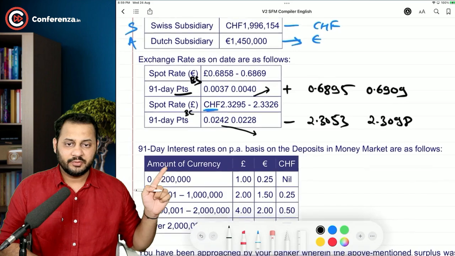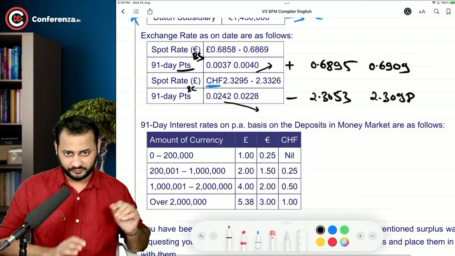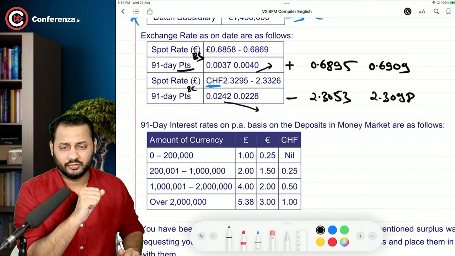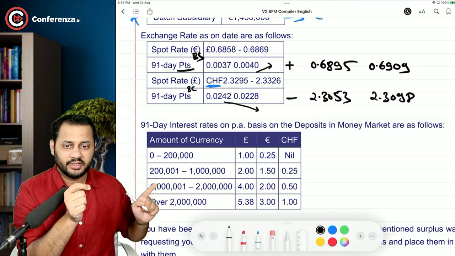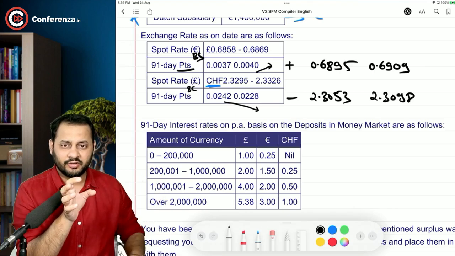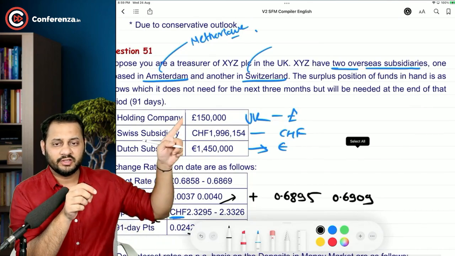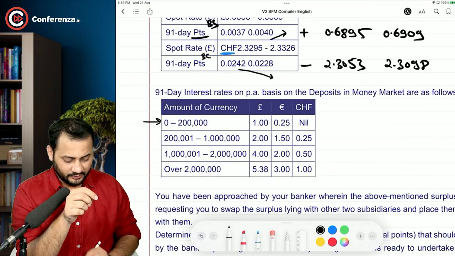91-day interest rate on per annum basis on the deposit in money market are as follows. This is something different that you will have to learn, that you will have to decide in which particular range or criteria your investment is falling. If you invest 1,50,000 pound, so 1,50,000 will come under this and the rate will be this.